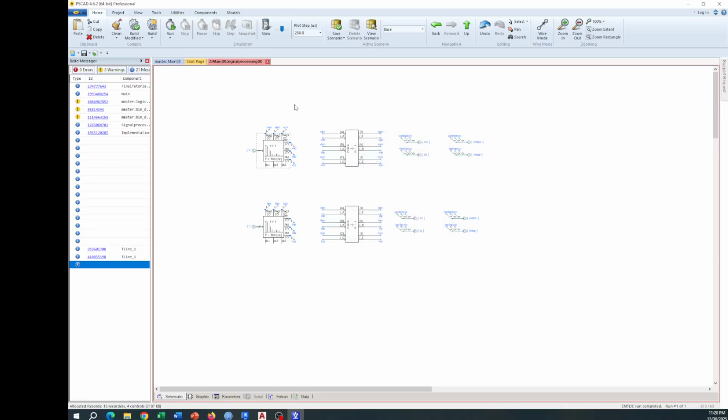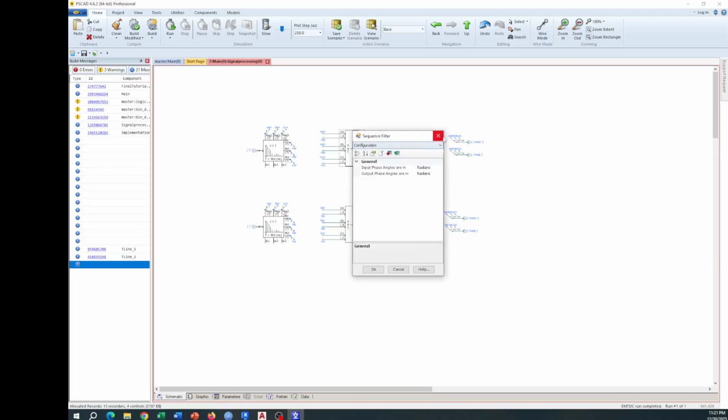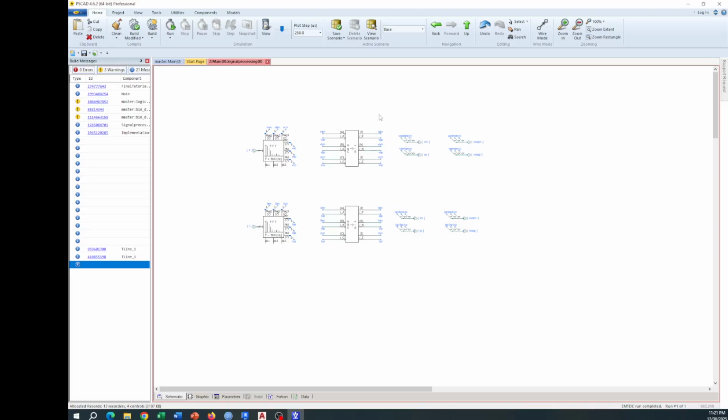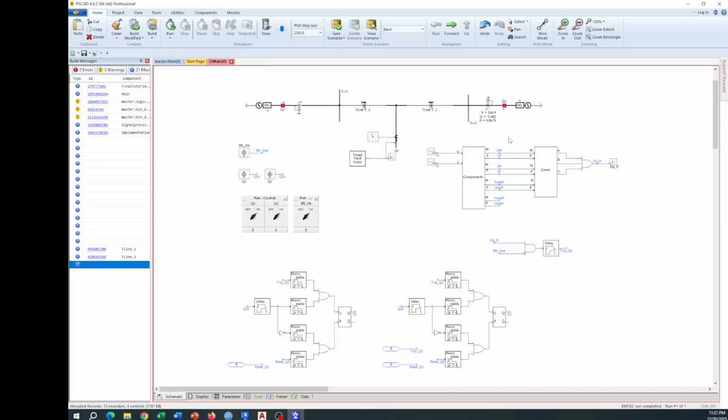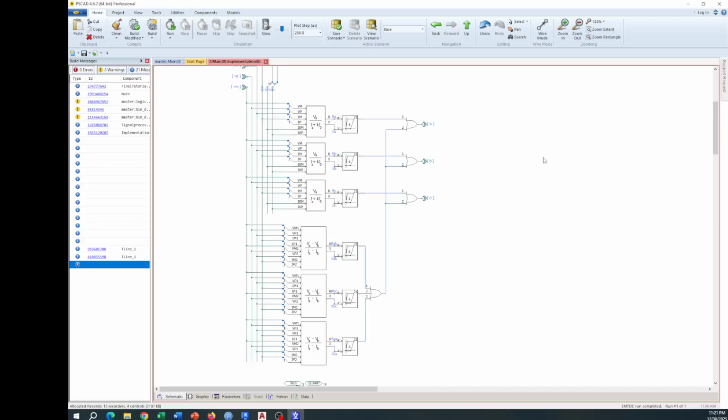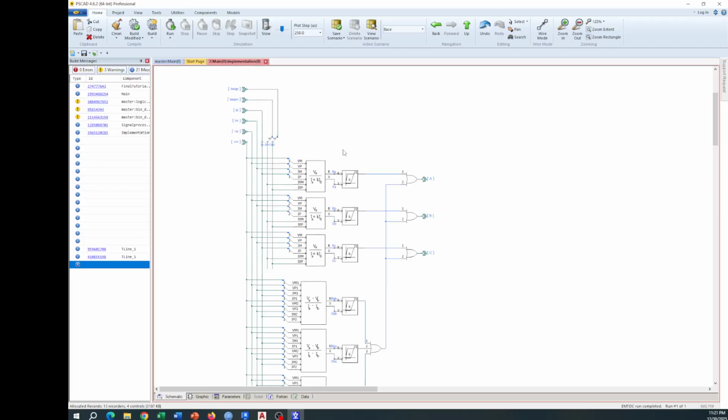Using this we will get voltage magnitude and phase, and current magnitude and current angle. And using this sequence filter we will get the positive, negative and zero sequence components. Then using these components we will get resistance and reactance.